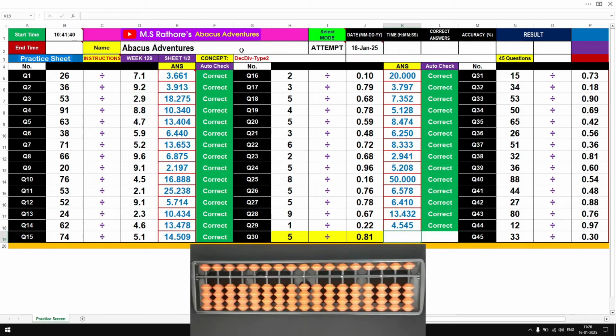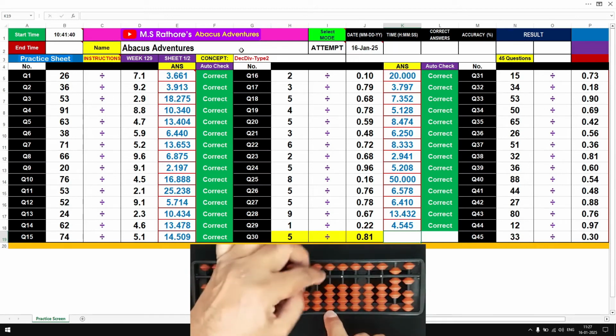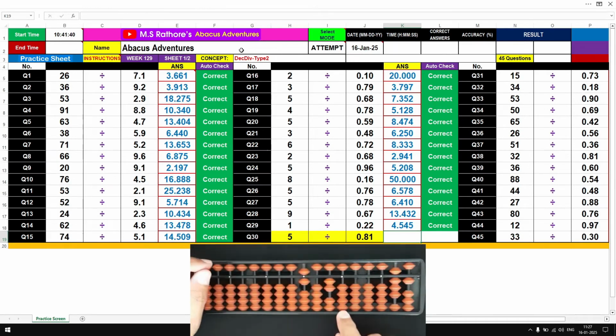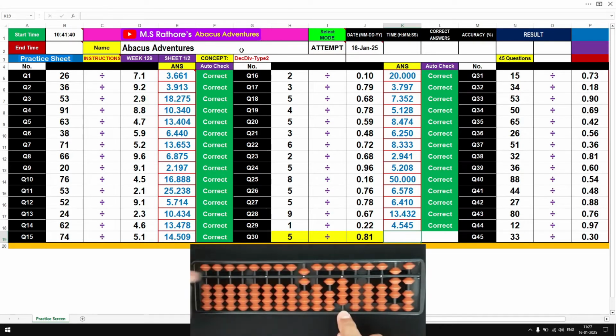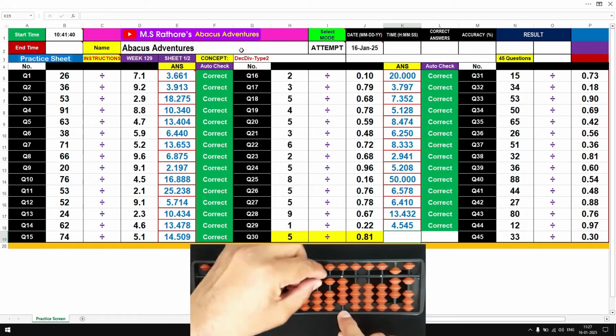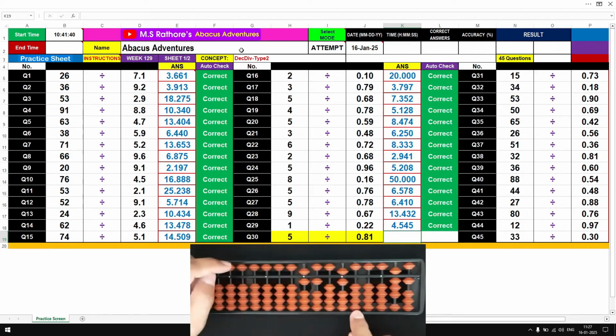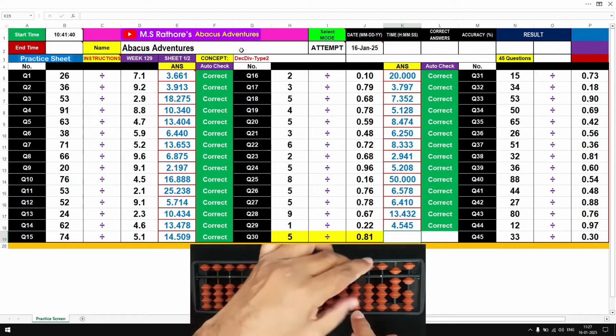Question number 30, 5 divided by 0.81 or 5 divided by 81. My finger is below 50 now. 8 6s are minus 48, shifted, 1 6 is minus 6. New round. 14 is the new value. 8 1s are minus 8, shifted, 1 1 is minus 1.